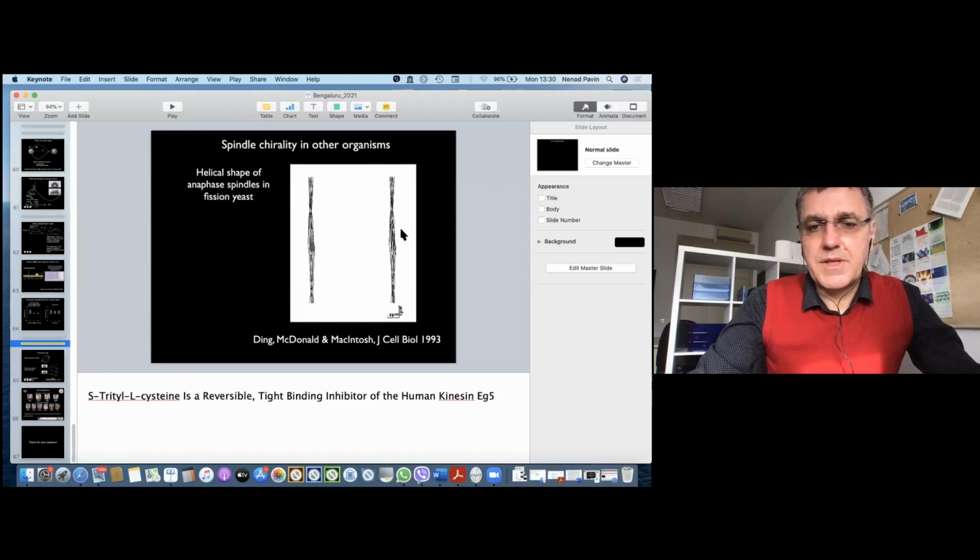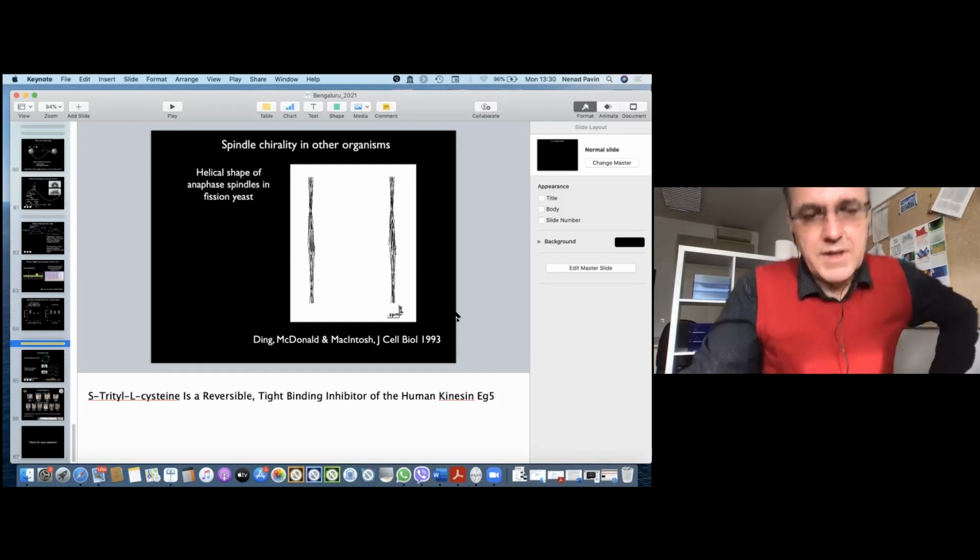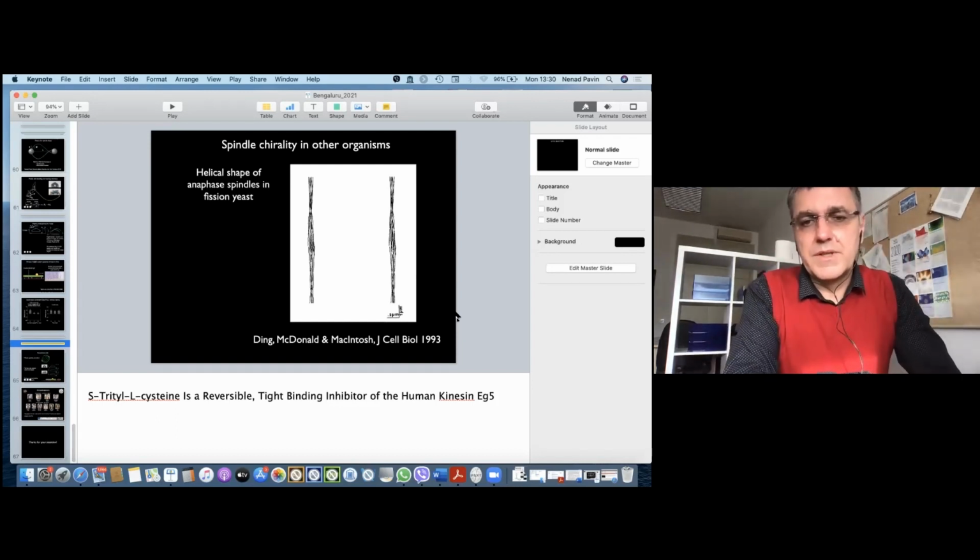This is not my interpretation. This is also the interpretation of the authors. These twisted shapes are observed within single rod spindles of fission yeast or budding yeast.